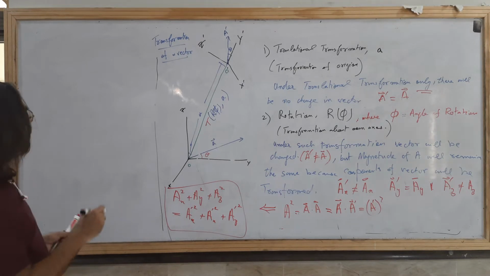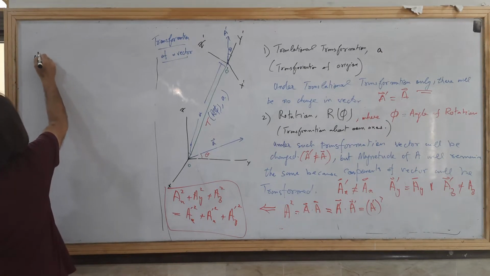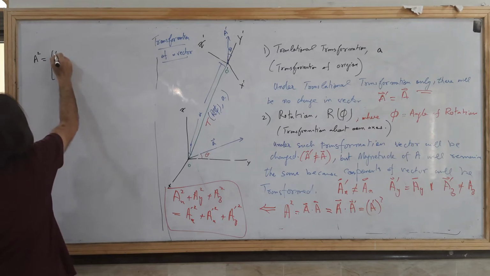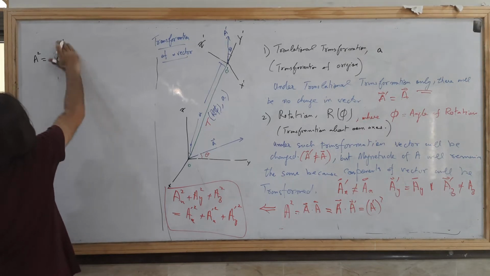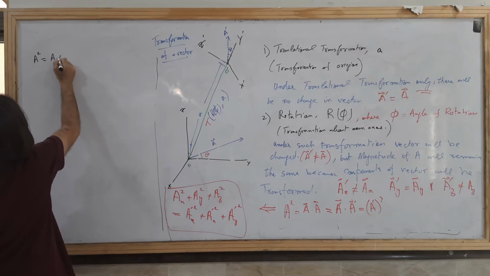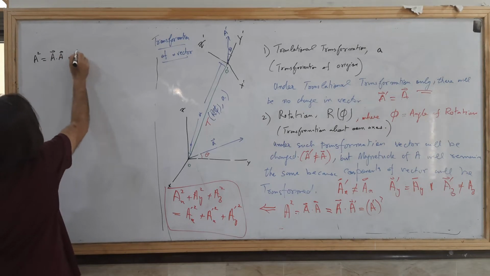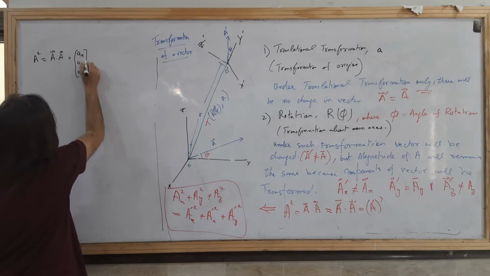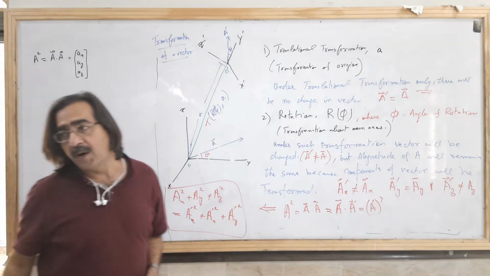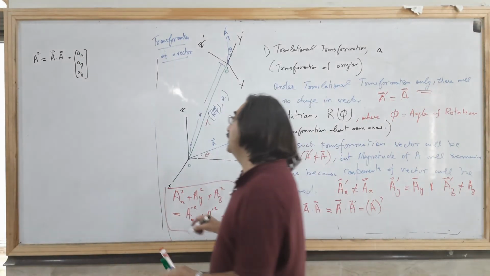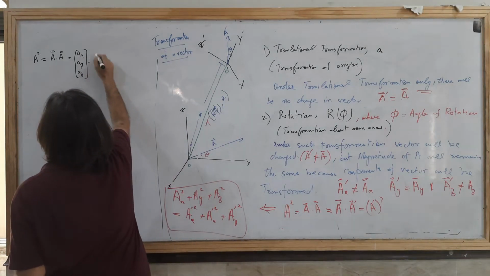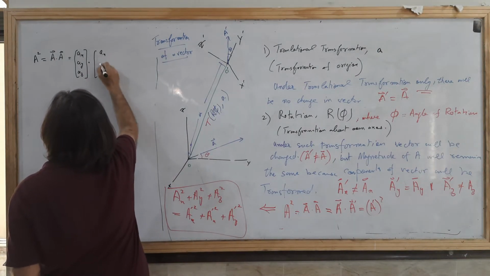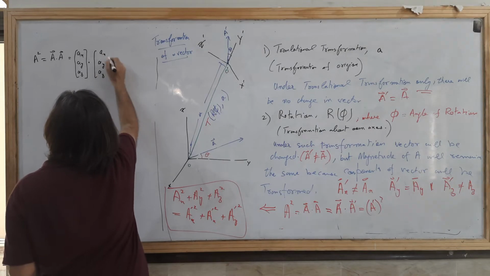As I have already explained, A square will always be equal to A dot A, and this will be equal to ax, ay, az. I may write it in the form of a column, and this will be dot ax, ay, az.